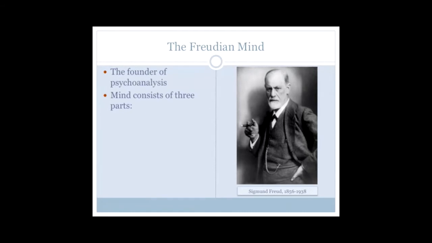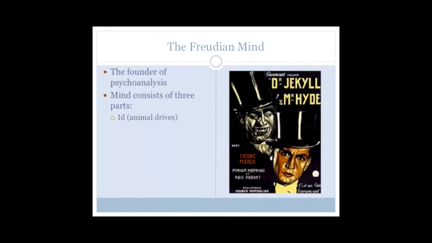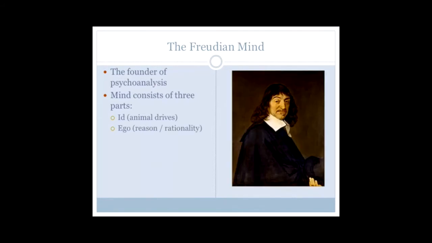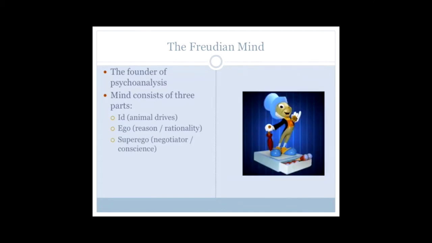There was the id, the animal drives, that connection with animals that Darwin suggested so strongly. There was the ego that represented our reasoning, our rational elements, the most evolved part of the mind. And there was the superego that negotiated between the animal drives and the reason, rationality, was in effect the conscience. And it's a model that was underpinned by Darwinian evolution.